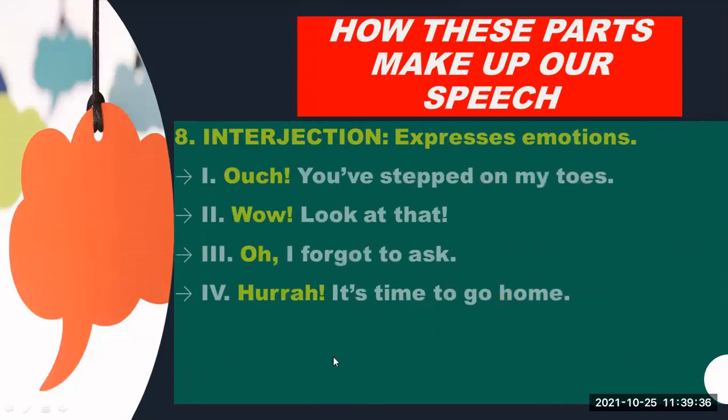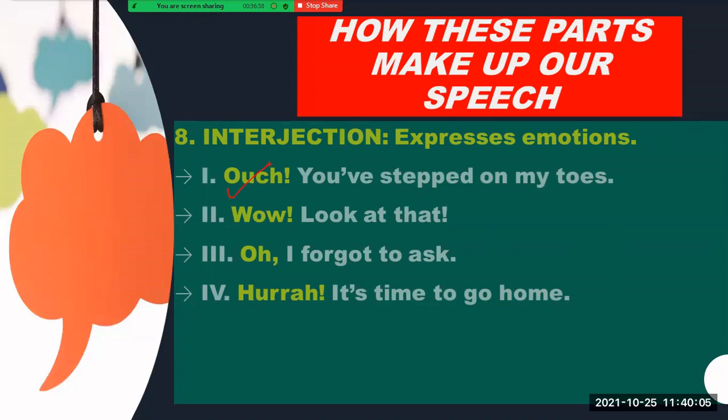Now, the last but not the least part of speech is interjection. What do we use interjections to do? We use them to express our emotions, our feelings. For example, someone has stepped on your toes and you exclaim, you interject, you say, ouch, you've stepped on my toes.